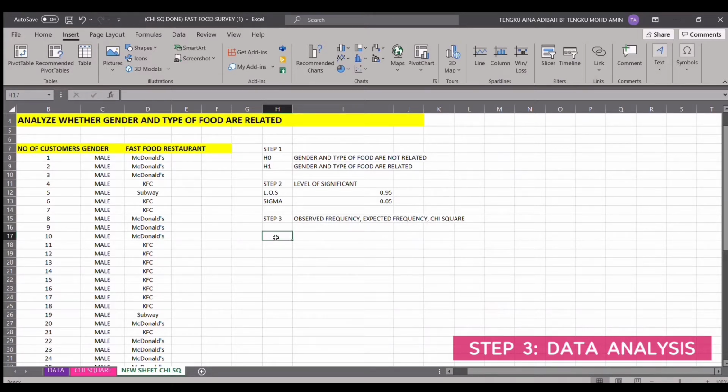But first, to get the observed frequency, we basically extract all this data into a simple table. To do so, we will use a pivot table.